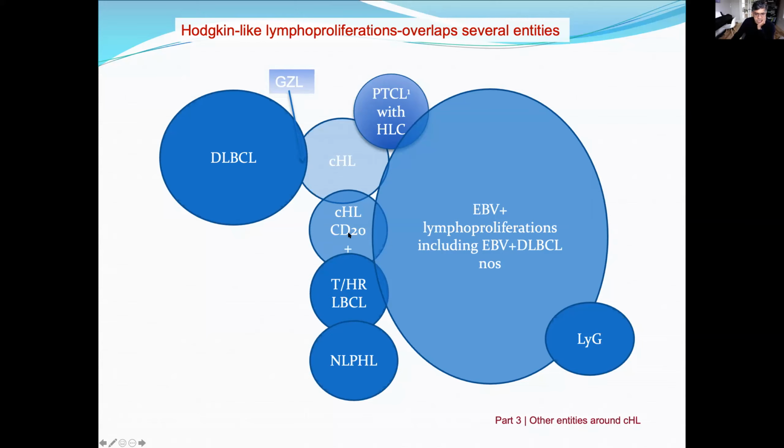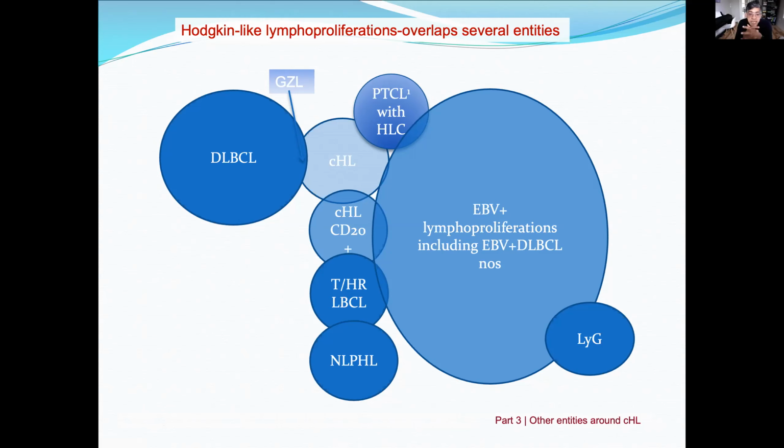And one more entity that we discussed earlier is nodular lymphocyte-predominant Hodgkin, which can progress to a T-cell rich large B-cell lymphoma. So this is an entity with few large CD20 positive B cells in a T-cell rich background. T-cell rich large B-cell lymphoma shares the commonality of few large cells with Hodgkin lymphoma.